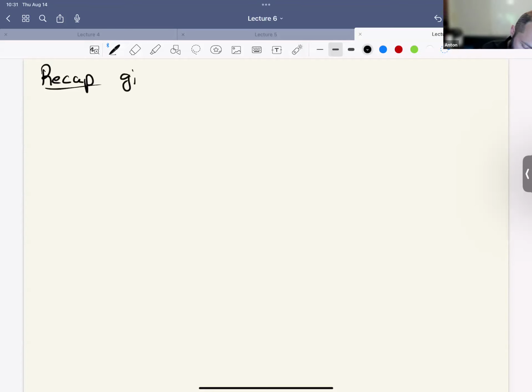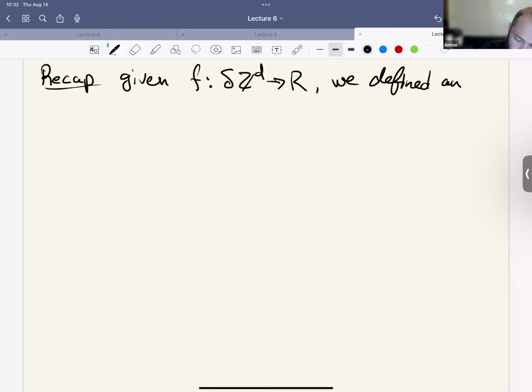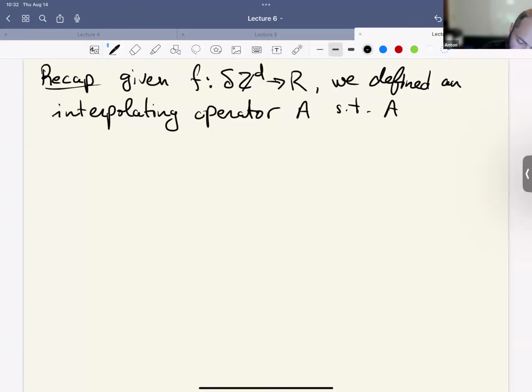So last class we said, given a function defined on some multi-dimensional grid, we defined an interpolating operator A such that A times f is extended to the reals and satisfies some properties.